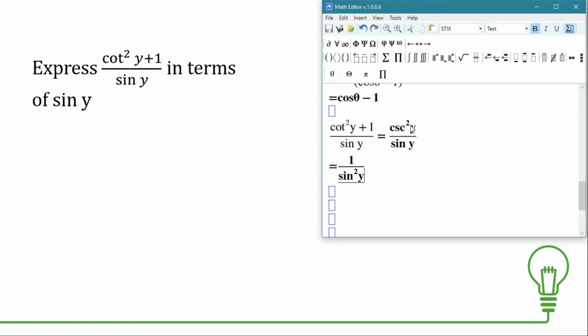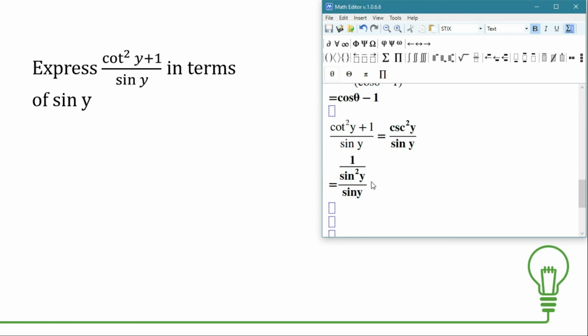Kasi dahil naka-square siya, dapat square din yung nasa ilalim. So that is 1 over the sine squared y, over sine y.